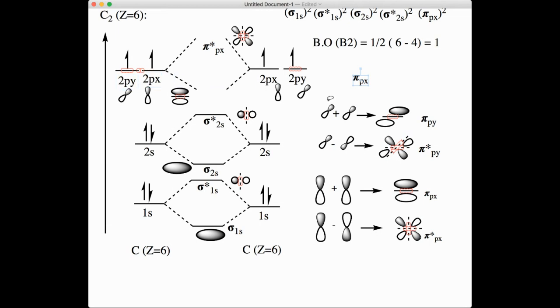Combining 2py and 2py leads to two molecular orbitals, pi py and pi antibonding py. Okay, so they are gonna have the same energy level. So it would be something like this.